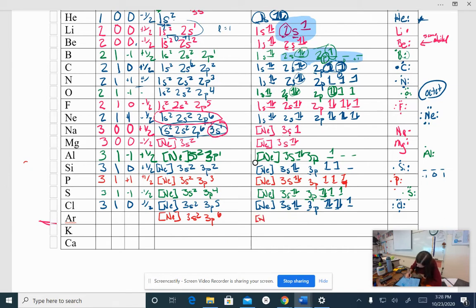So neon plus the 3s up and down, the 3p, the 3 orbitals, up, up, up, down, down, down. Okay, so my argon dot picture, 2 to the right, 2 on top, 2 to the left, 2 on the bottom. Once again, I've got an octet.